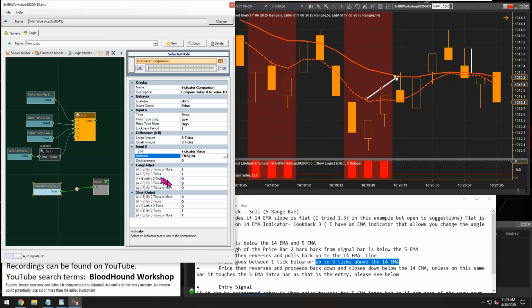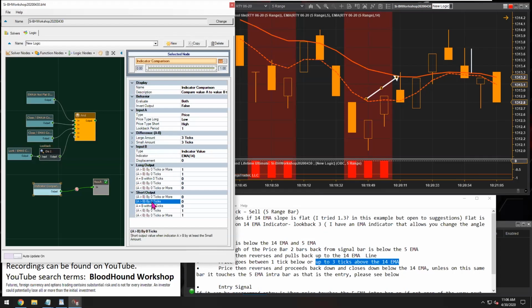And so now we need to look at our outputs. Which of these outputs are we trying to find? For a short situation, are we looking for A to be greater than B by X number of ticks? You see how it says 0 ticks right now, even though our difference says 3 ticks.